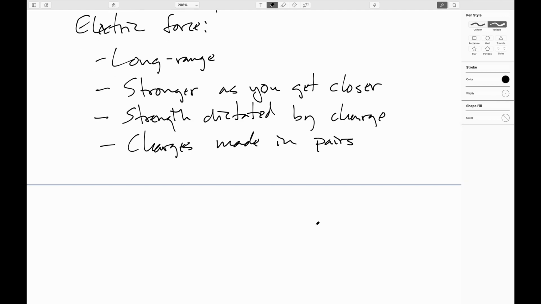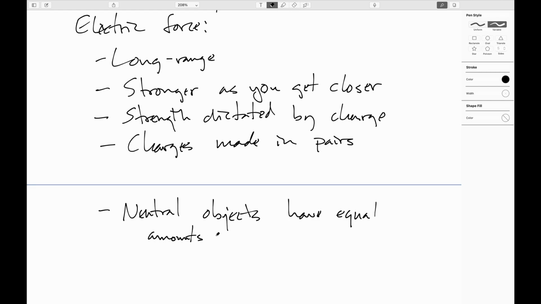So from this, we can also start to conclude that neutral objects are made of equal amounts of the two kinds of charges. And you can conclude that from the fact that when you rip the tape apart, you had what was a neutral object, and now one is U-type and the other is L-type.